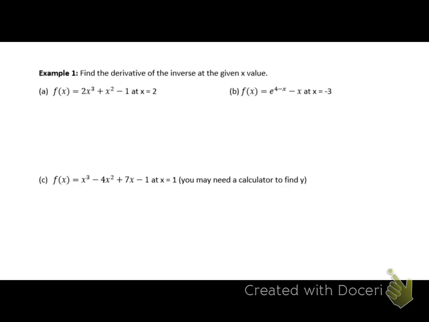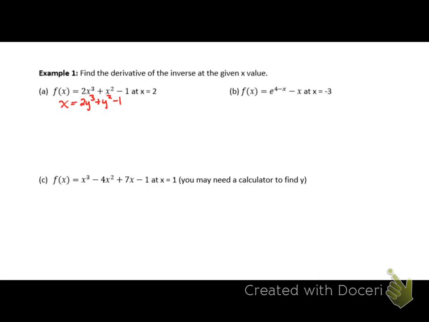So the first thing we do, like I said, is swap x and y. So it's x equals 2y cubed plus y squared minus 1. We take the derivative implicitly because clearly we're dealing with y, and we know that y is a function of x, so we cannot just take it explicitly.